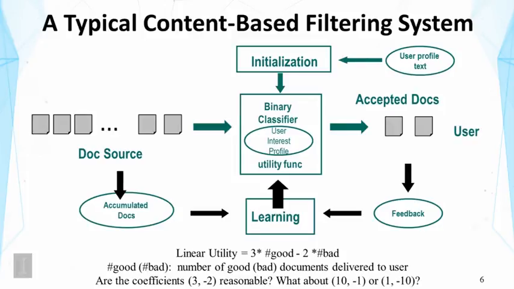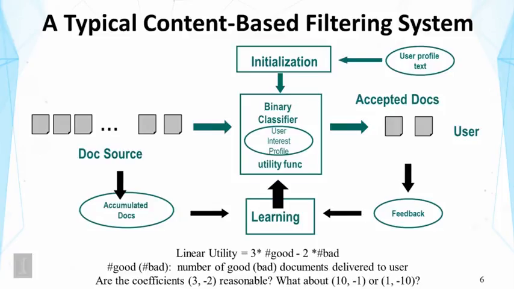If you think about it, you will see that when we get a big reward for delivering a good document, you incur only a small penalty for delivering a bad one. Intuitively, you would be encouraged to deliver more, right? And you can try to deliver more in hope of getting a good one delivered, and then you'll get a big reward.